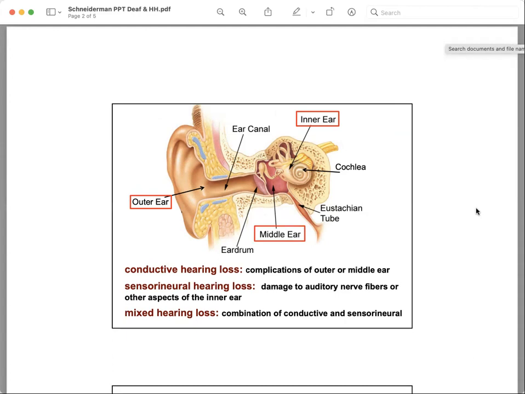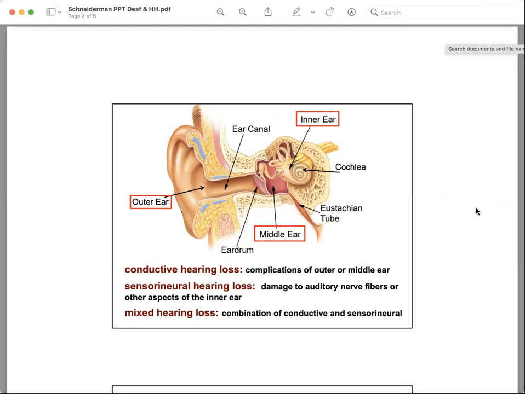A neurosensory hearing loss, or sensorineural hearing loss, is where there's damage to the auditory nerve fibers or the aspects of the inner ear itself. And that inner ear is really important. It's where sound comes in, is taken in, and is sent to the brain for processing.